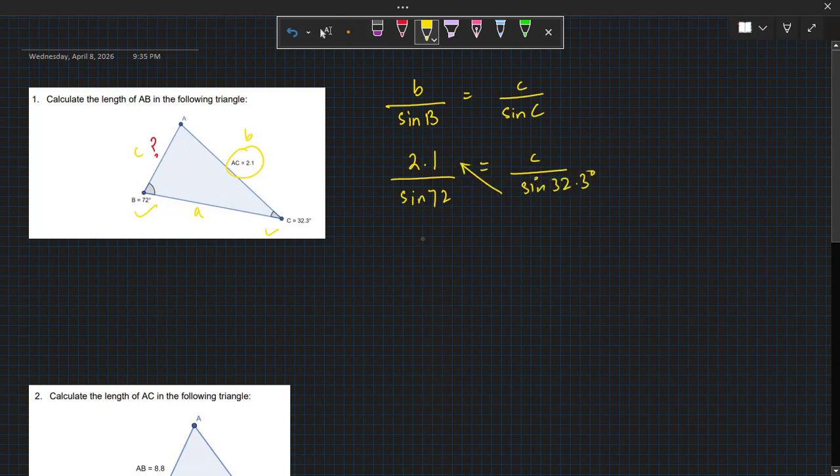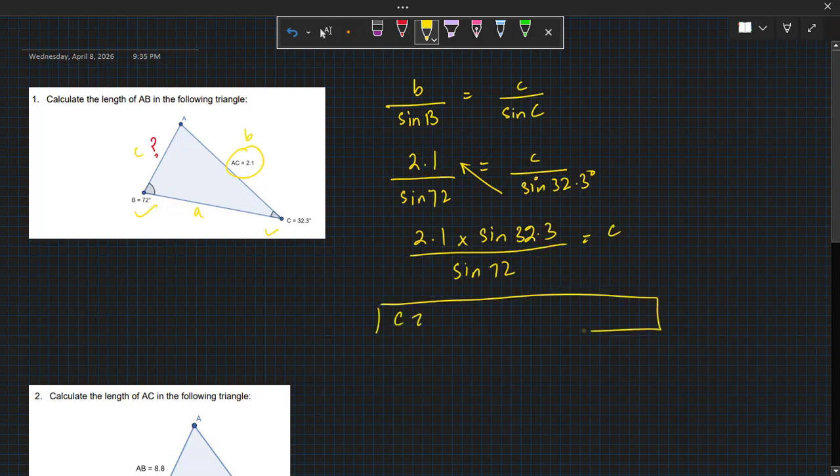Now shift these numbers and make c the subject, and you will get the answer. Is this clear? I'll send the remaining questions and you have to complete them, okay? I hope you are clear about this. Okay, sir.